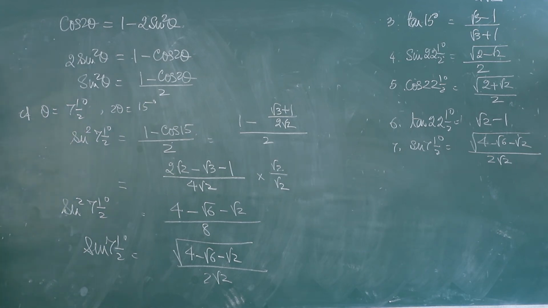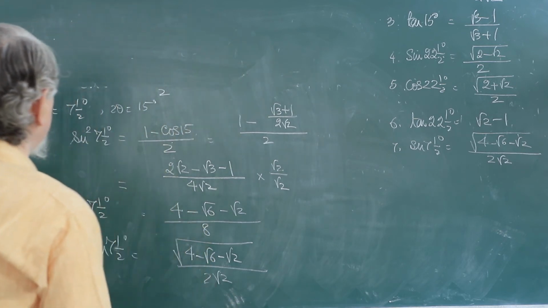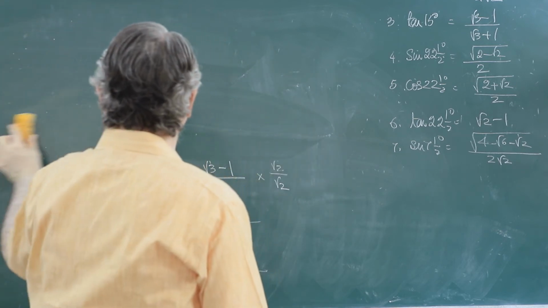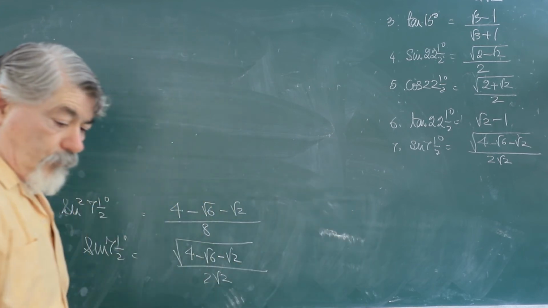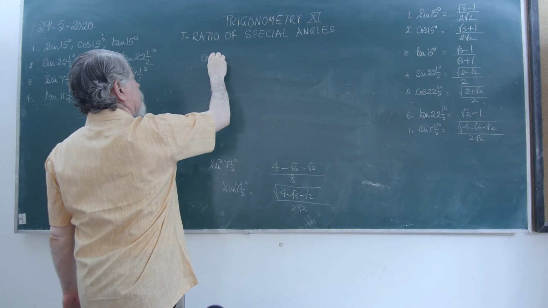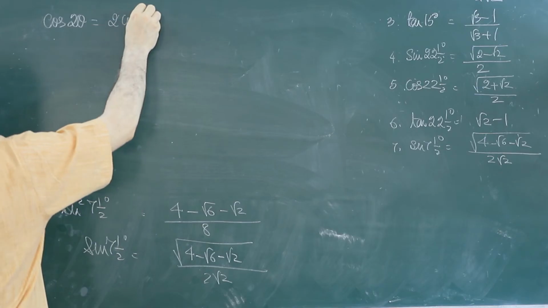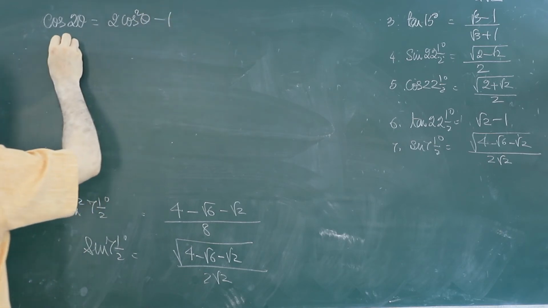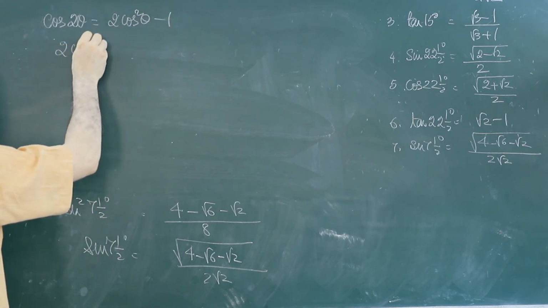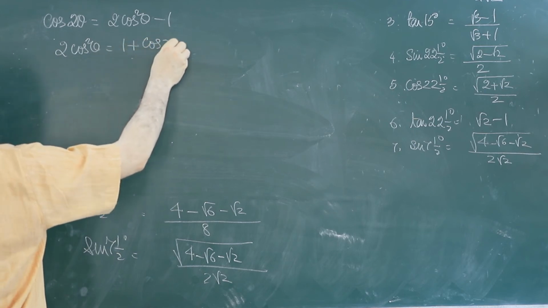Similarly, I'll calculate the value of cos 7.5. How? I'll just show you. What we are doing is cos 2 theta is 2 cos square theta minus 1, or 2 cos square theta will be 1 plus cos 2 theta.